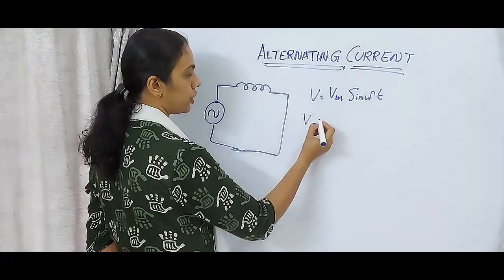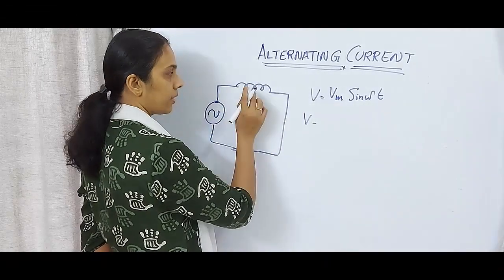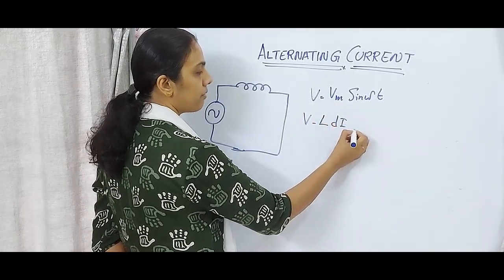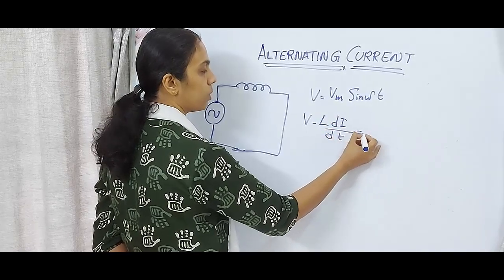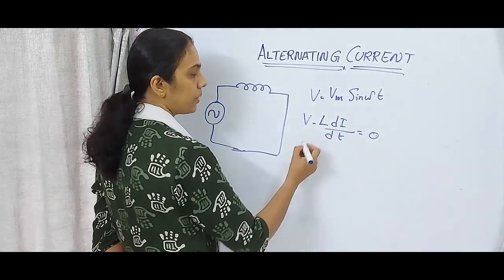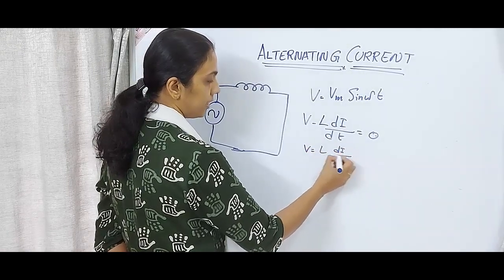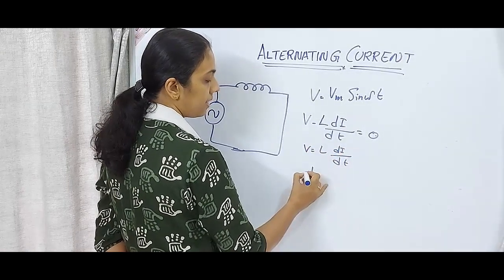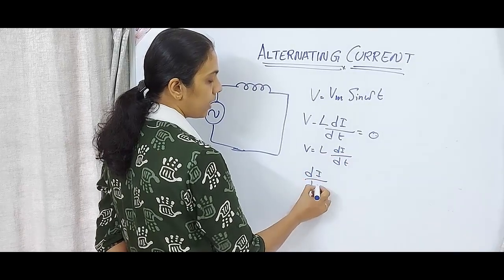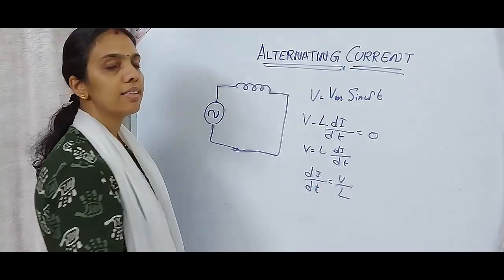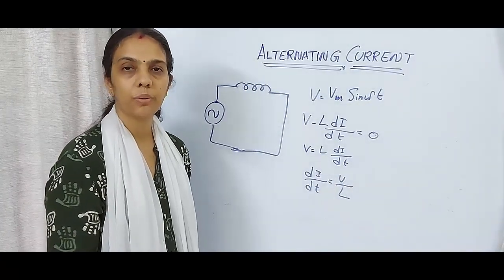V is the potential of the AC source. Here it is L into di by dt as per Faraday's law, and that is equal to 0. So we can write V equals L into di by dt, or di by dt equals V by L.